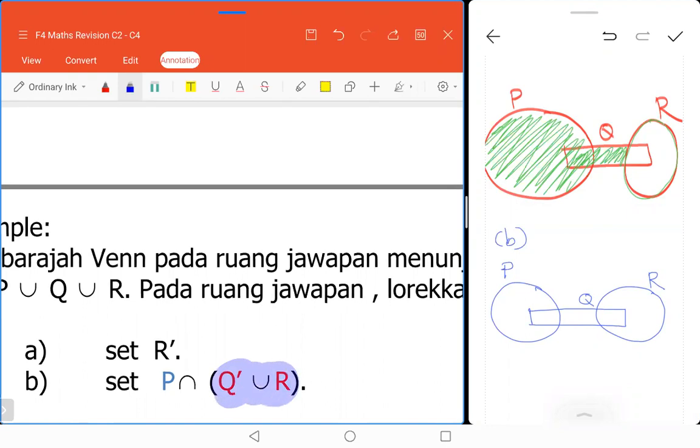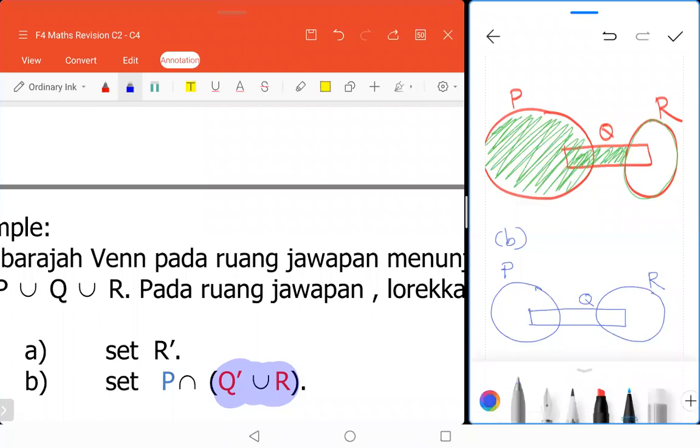Q prime is complement of Q union R. Complement of Q. Okay, we do complement of Q first. Means except for Q. We shade except for Q. Here. Except for Q, don't shade the rectangle. Except for Q, we shade already.